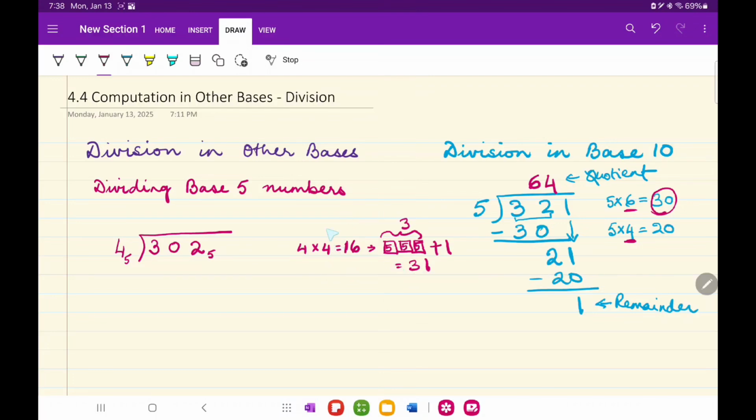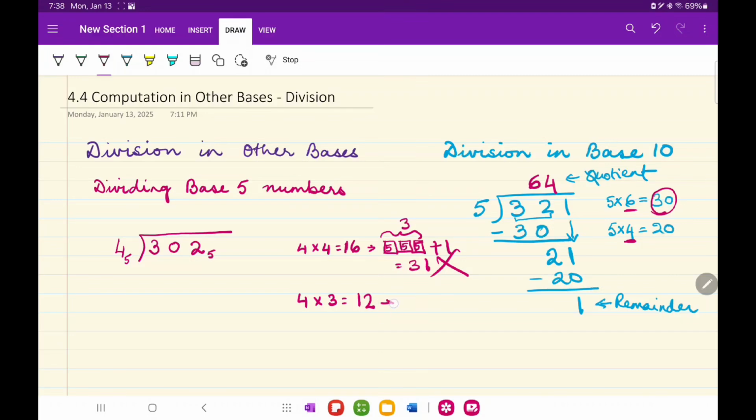go to the next lower number, multiply 3 with 4, and see whether we get a number in base 5 as close to 30 as possible. All right, this didn't work. So 4 times 3. Now 4 times 3 is 12, but this is a decimal value. I have to convert it to base 5.